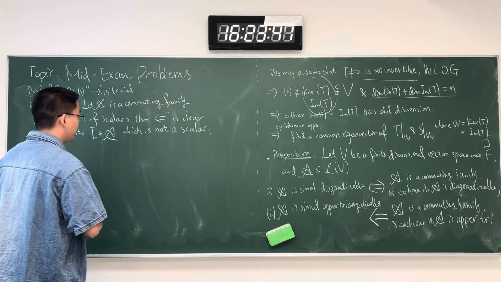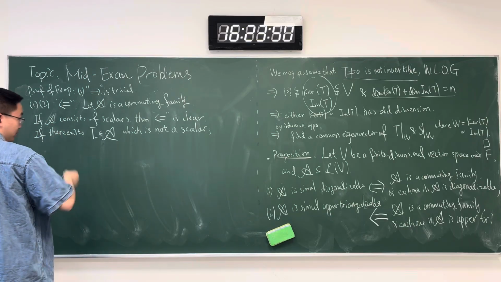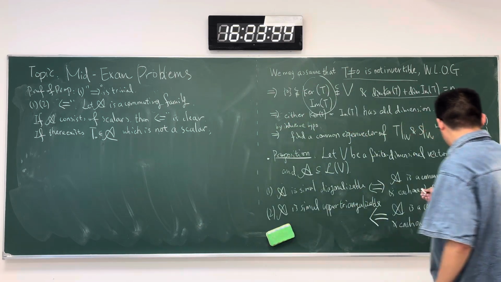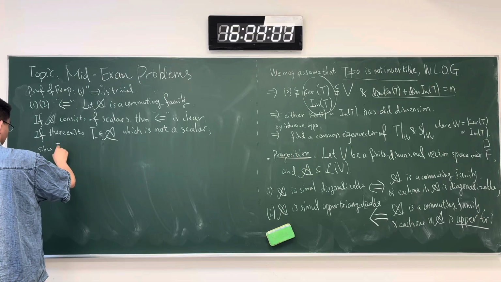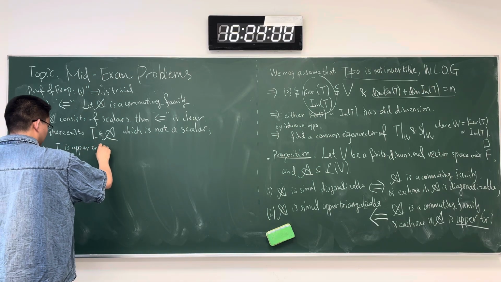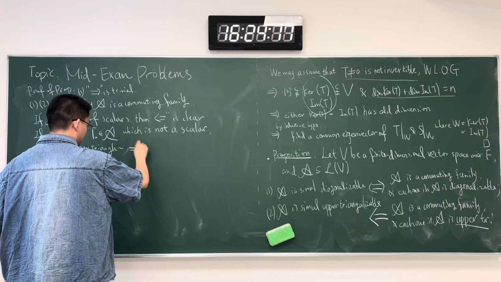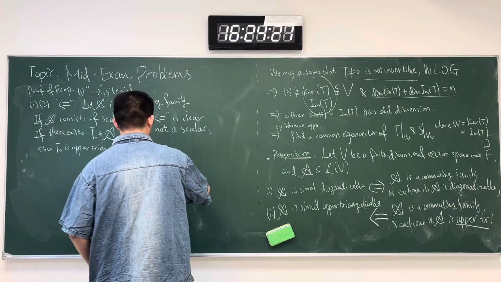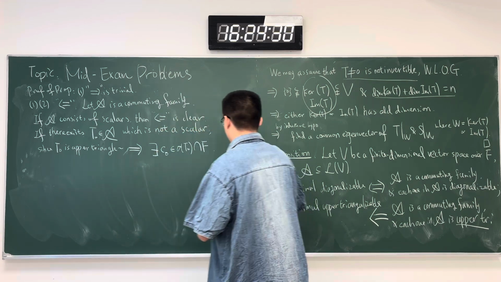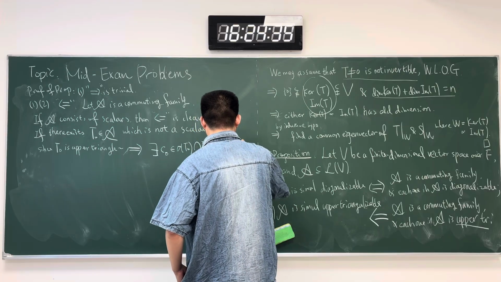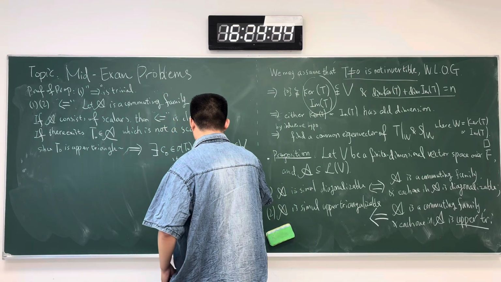Since T0 is at least triangularizable over F, this implies that there exists an eigenvalue, say c0, of T0 in the field F, and the corresponding eigenvector v0 such that T0 v0 equals c0 v0.